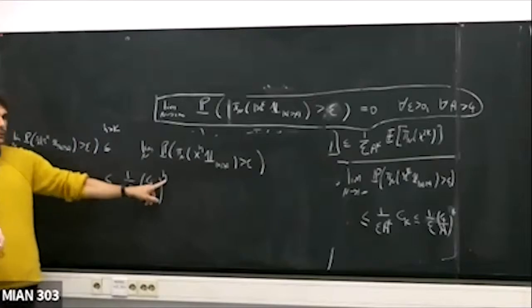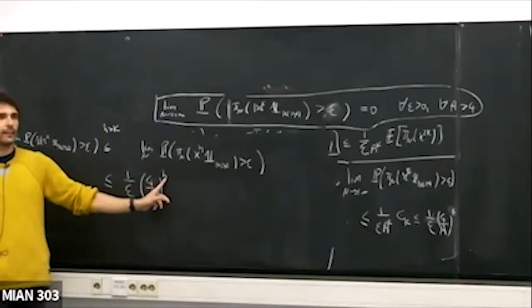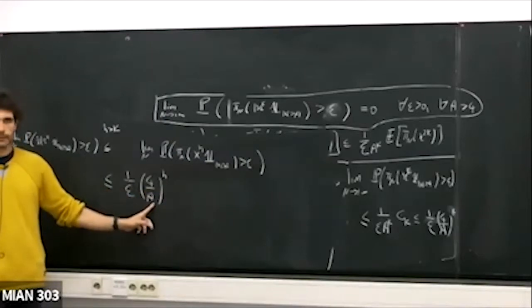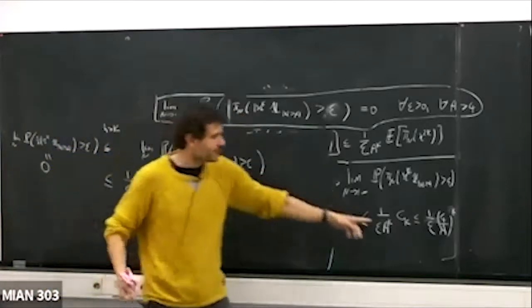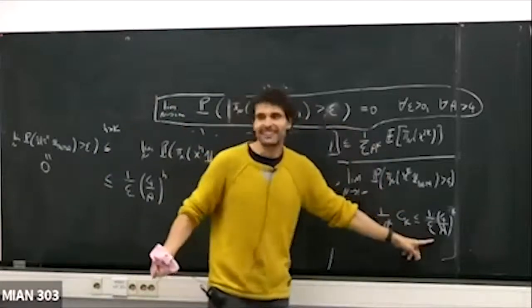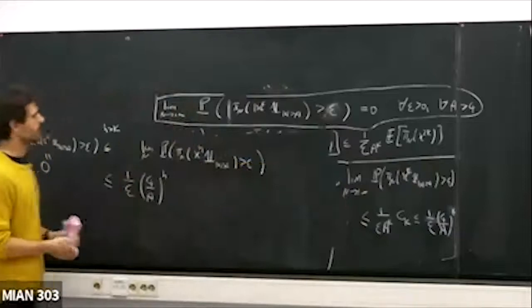But then, if this limit is not 0, I can take h arbitrarily large and make this as small as I want. So this limit must be 0. Just because this is increasing in h, this is decreasing in k. So I can check the next ones and it will be 0.